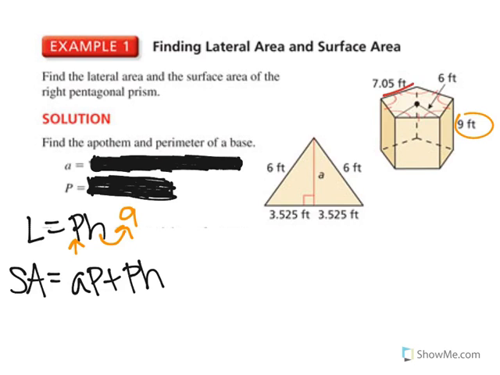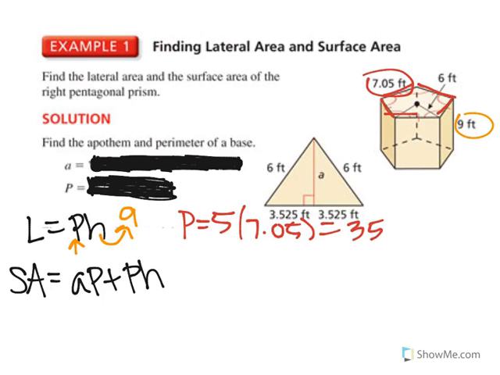I know the perimeter goes all the way around my base. I see that my side length is 7.05. So since I have 5 sides, I'm going to multiply 5 by 7.05, and that's going to give me 35.25.